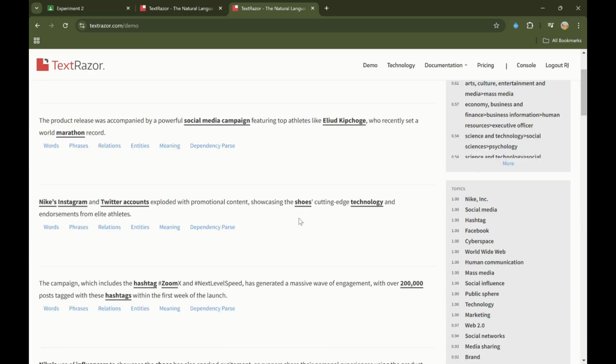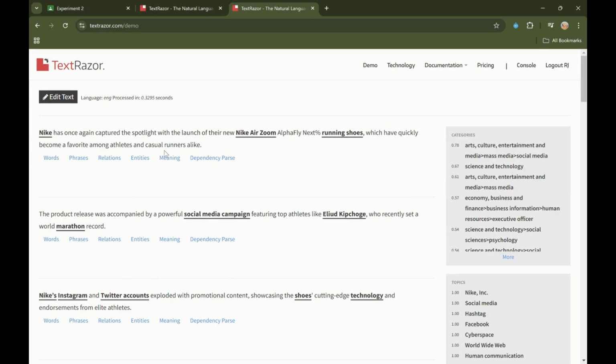The first thing that the tool does is divide the given customized text into individual sentences that are present in the paragraph. As we can see, each sentence is taken separately. And for each sentence, it gives different categories.